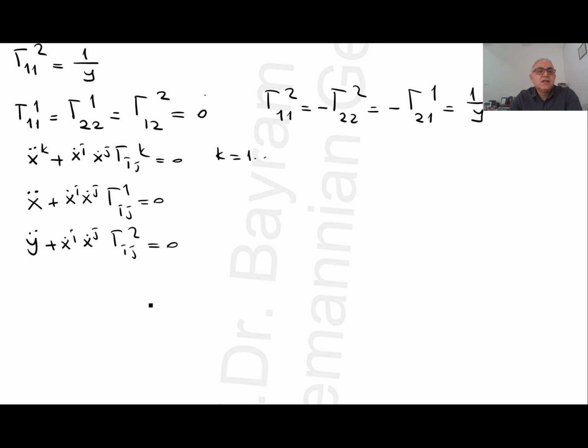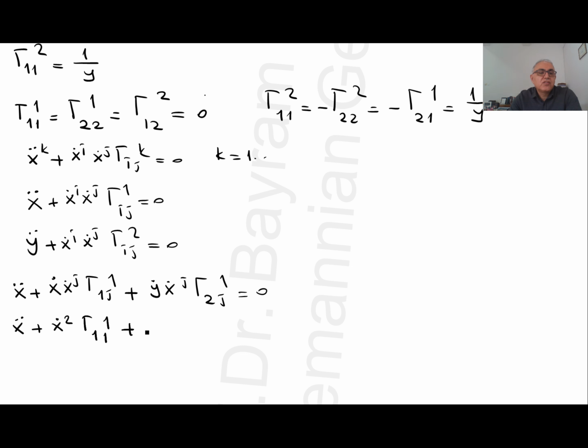Now expand, because we need to take the summation over the indices i and j. The first one is x'' plus x'² Γ^1_11 plus x'y' Γ^1_12 plus y'x' Γ^1_21 plus y'² Γ^1_22.